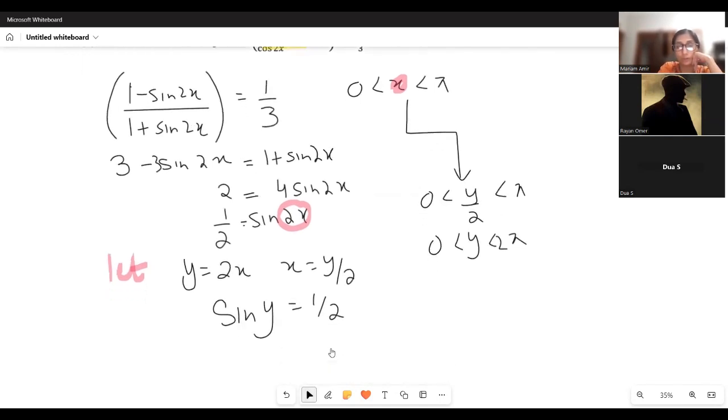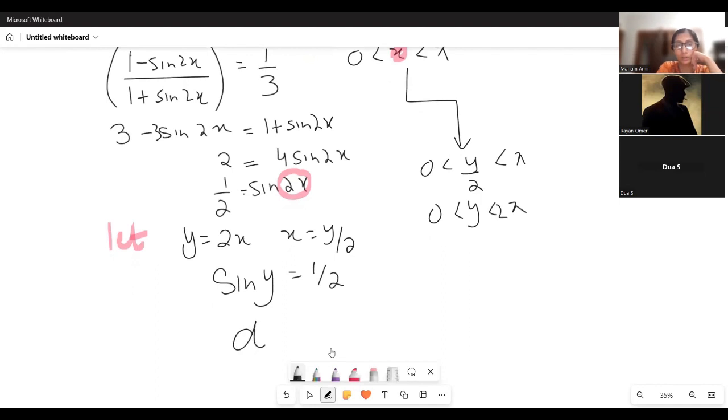So alpha would be, what is sine inverse half in radians? It's 1 by 6 pi. Sine is positive because this is a positive value in the first quadrant and in the second quadrant.